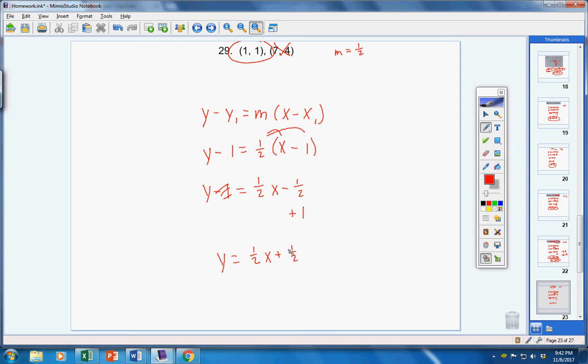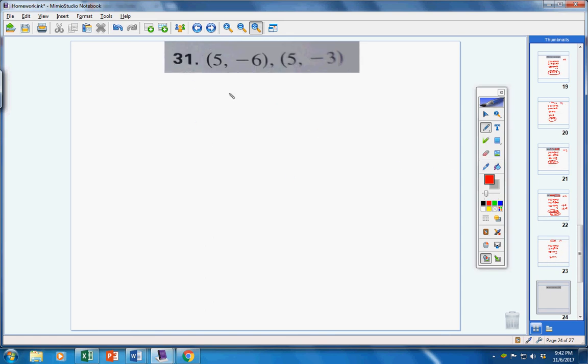Alright, number 31, let's find the slope first. y minus y over x minus x. Now, this is going to be interesting, guys. Negative 6 minus negative 3 is a positive 3. So I get a negative 3 over 0. Got it, guys? Now, when the 0 is in the bottom, the denominator, that means the slope is undefined.